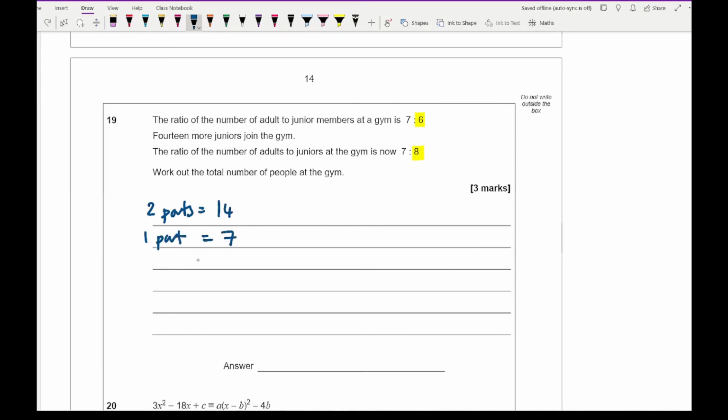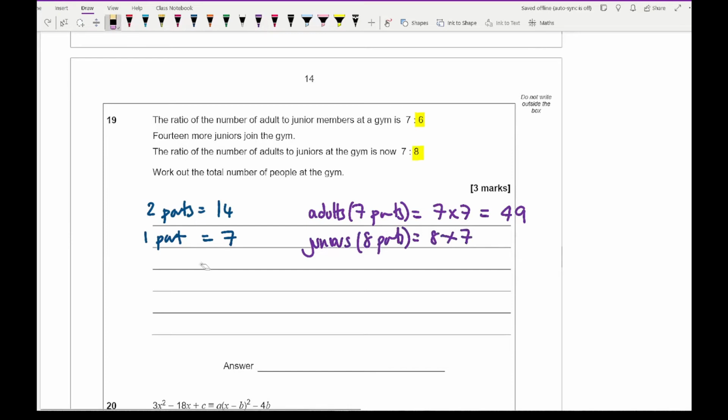So then here we've got adults, it says, not seniors. So we've got adults, which is 7 parts, is going to be 7 times 7, which is 49. The juniors, which is 8 parts, which is going to be 8 times 7.